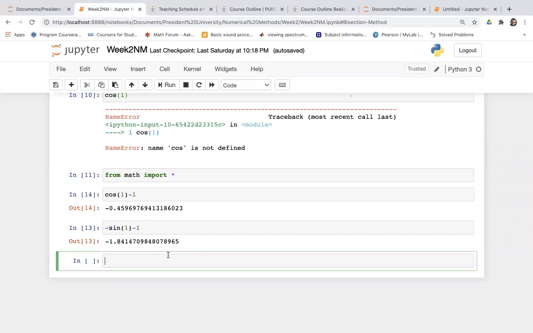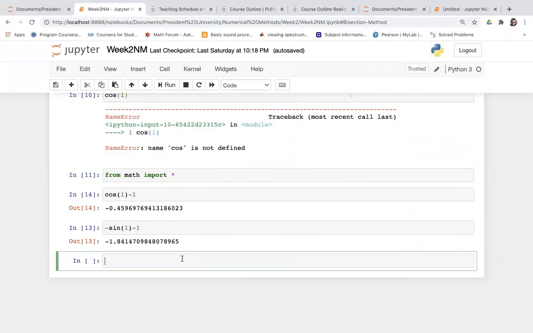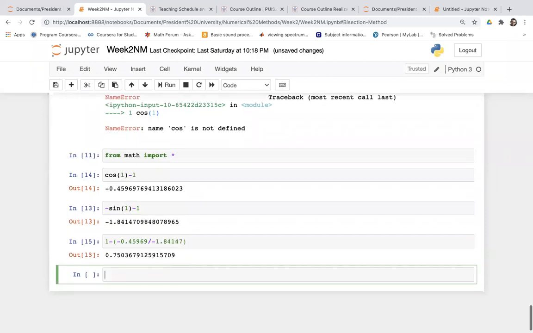Okay, so I have in here, this is how you work manually without programming, yeah. This looks like a calculator. 1 minus minus 0.45969 divided by minus 1.84147, enter.